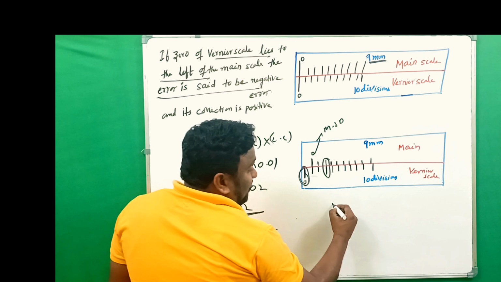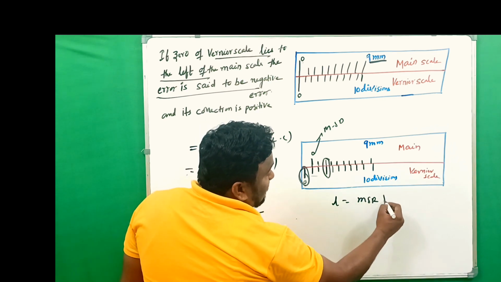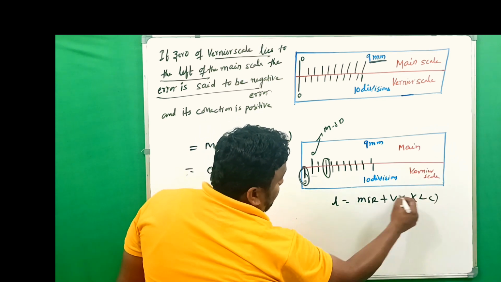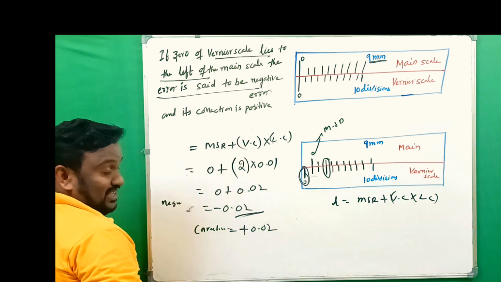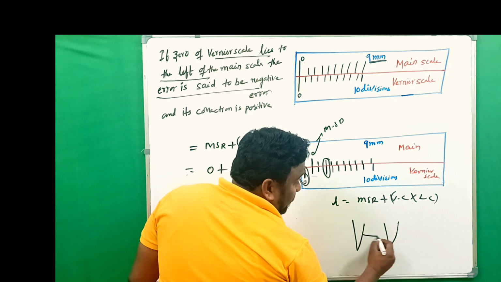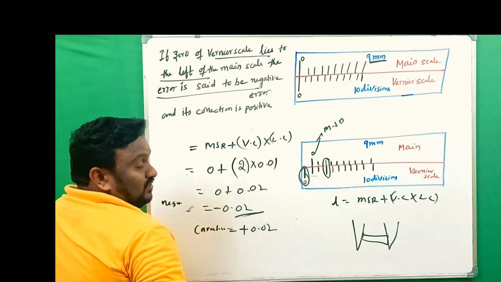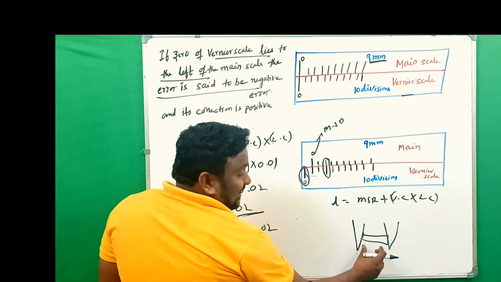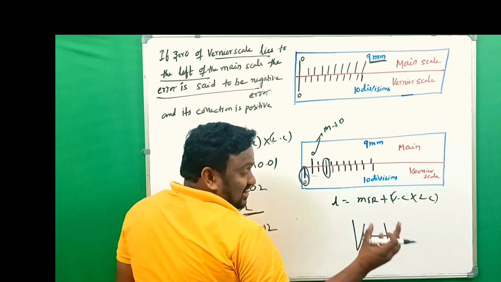For example, L is equal to MSR plus VC into LC. After inserting the object between the two jars, we take some cylinder and keep it between the external jaws.